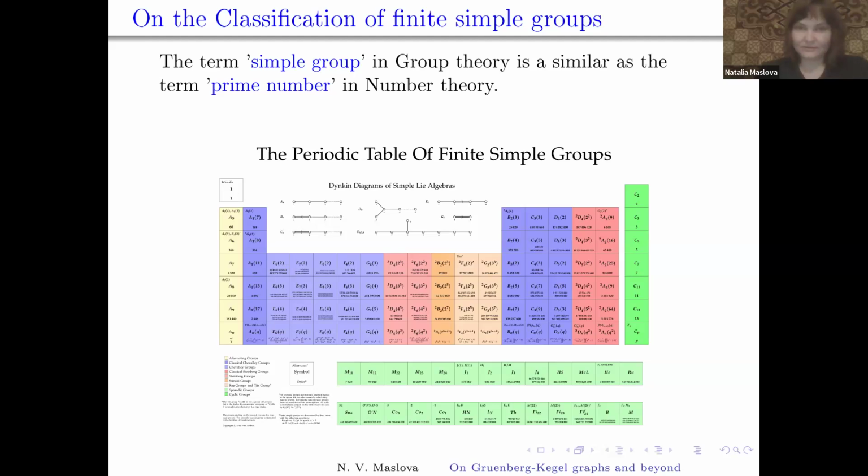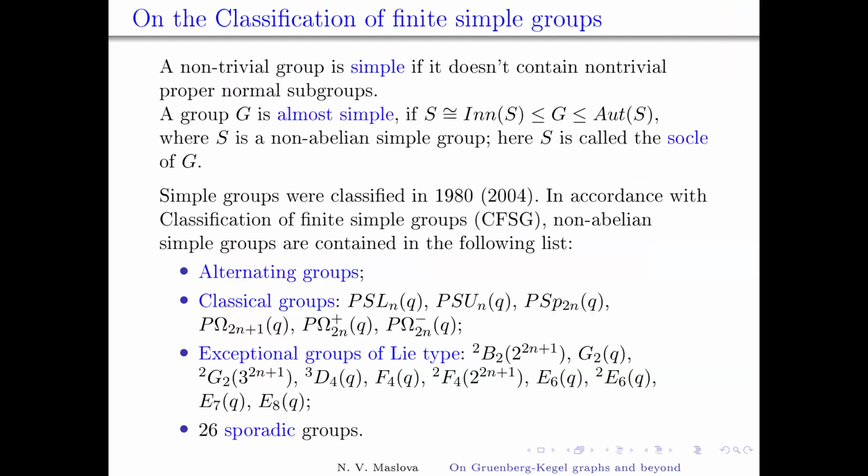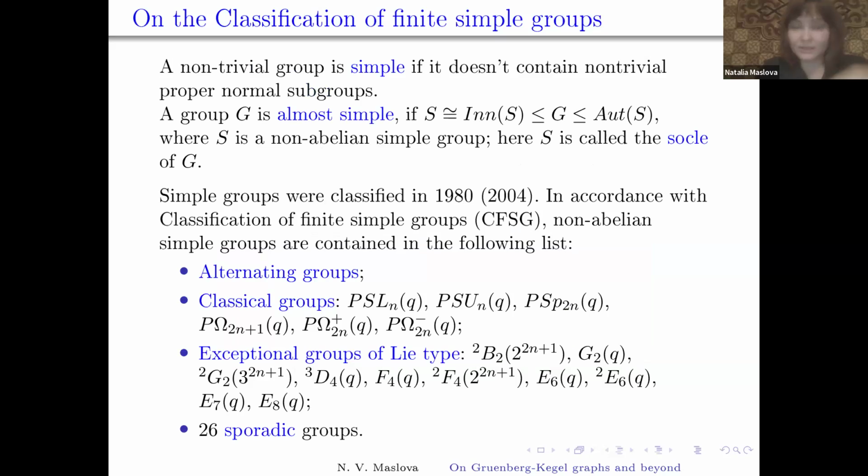And also, are almost simple groups classified? Yes, of course. A finite group is almost simple if this group lies between a finite simple group and the automorphism group of this group. In this case, this simple group is called the socle of this almost simple group. And of course, finite almost simple groups were classified.